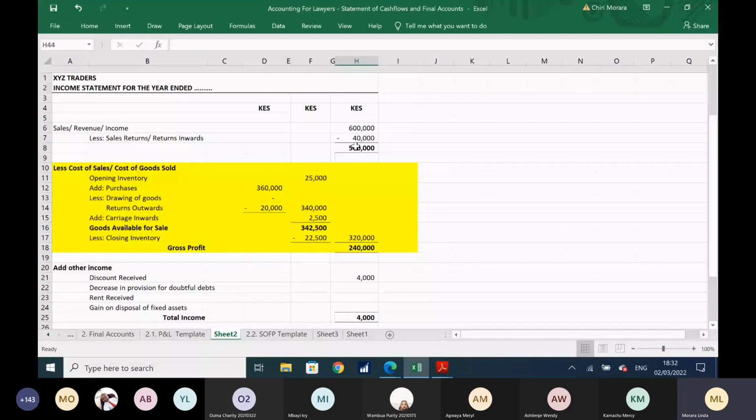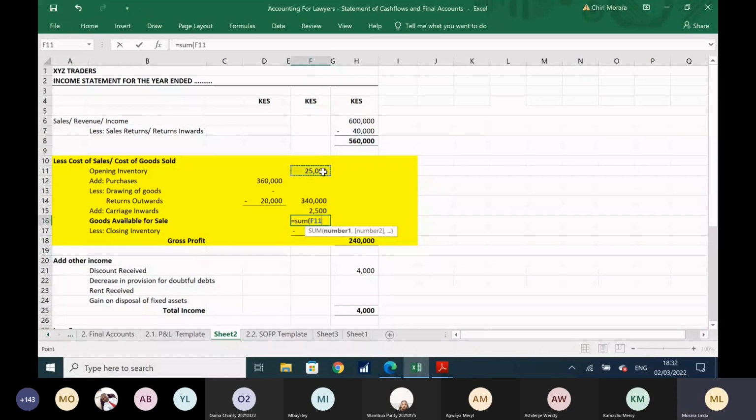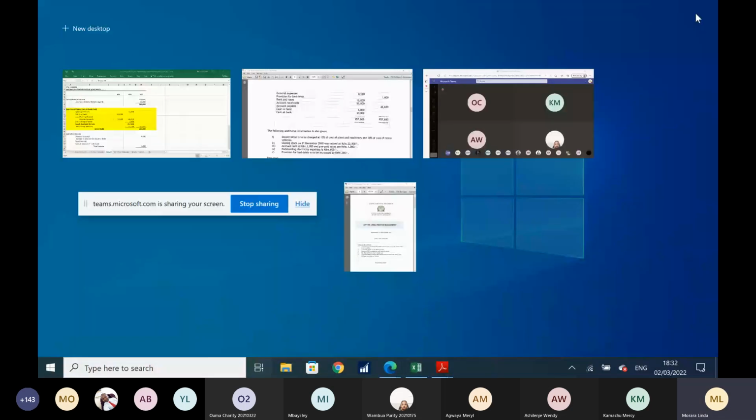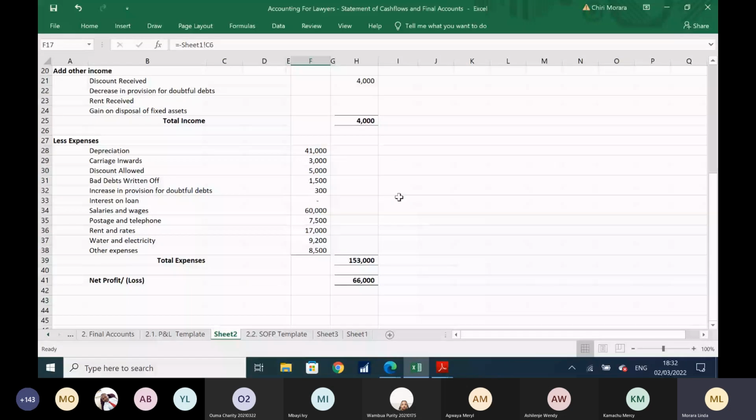Oh, actually this 25K should have been a sum all the way from the 25K down. Yeah, so we are done with our income statement.